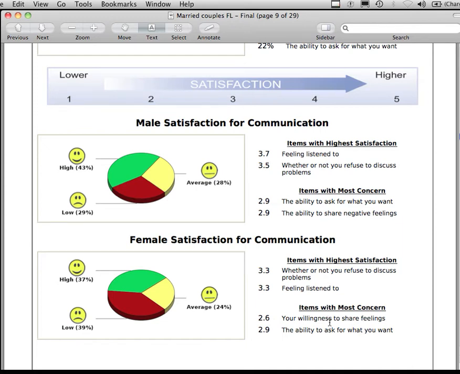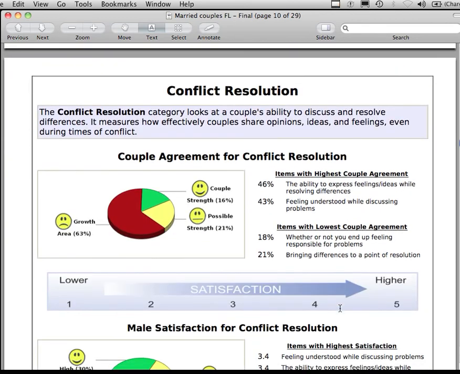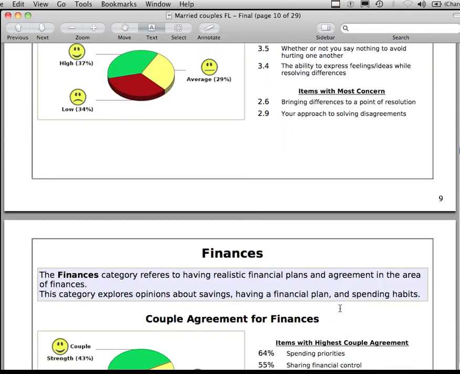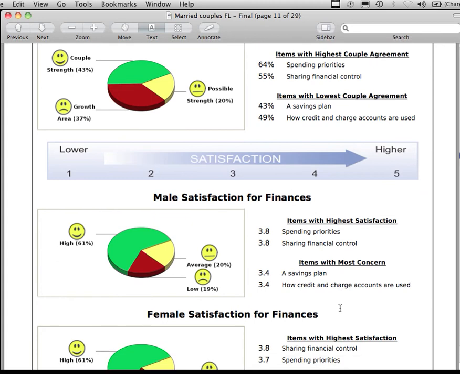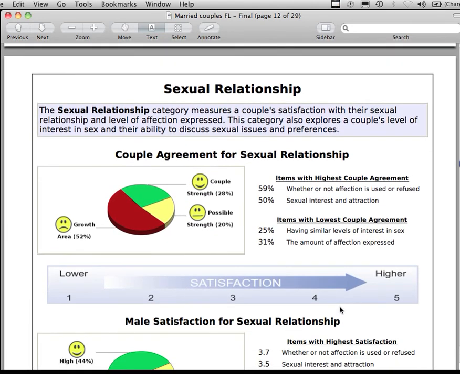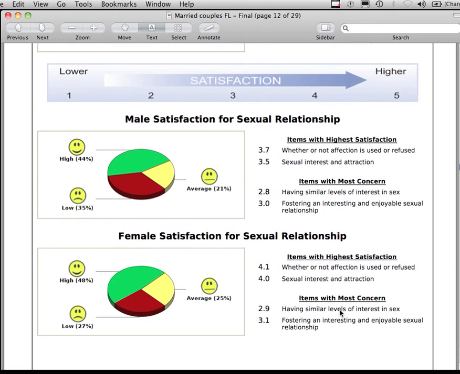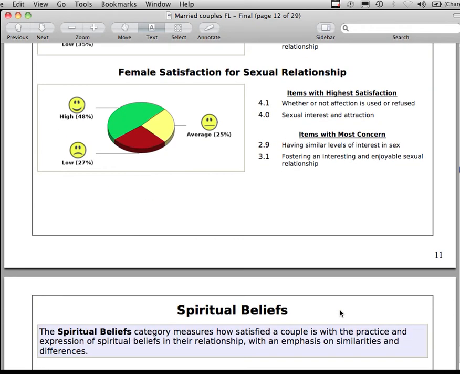But their willingness to share feelings, ability to ask for what they want, these were some things that they're rating even lower in terms of their communication in their marriage. So the summary report breaks this down for conflict resolution, finances, you can see the different kinds of things, sexual relationship, it's broken down overall, and for the men and the women, what are they each saying?